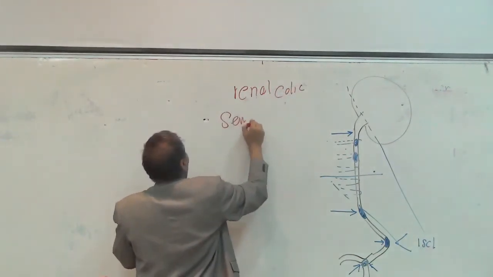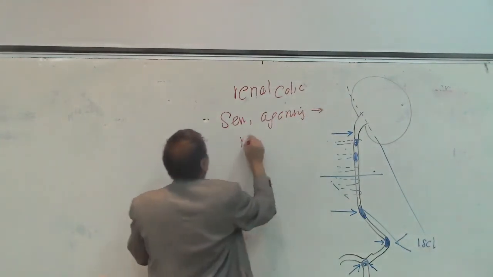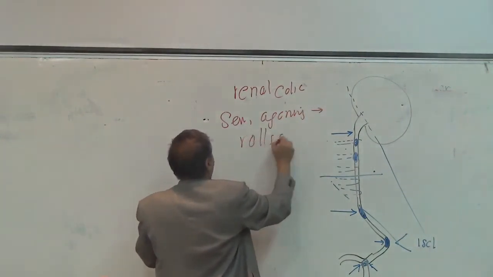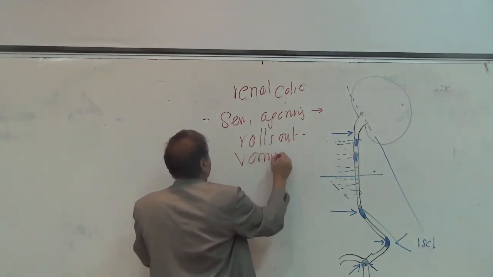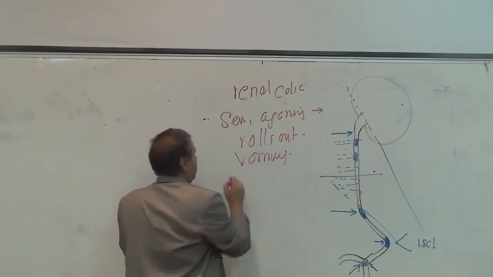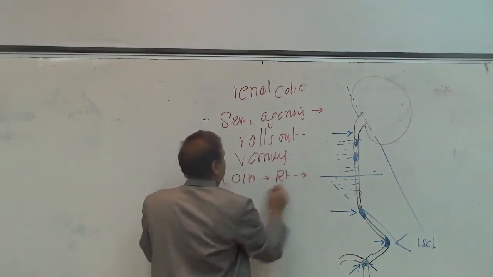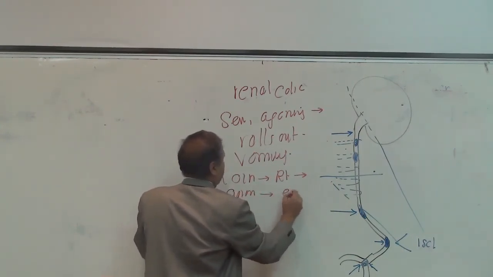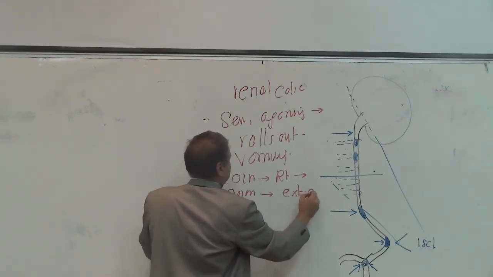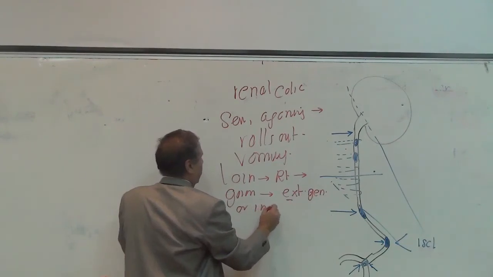severe or agonizing pain. The patient rolls around from this pain, with vomiting and nausea. This pain comes from the loin to the right hypochondrium, to the groin, and radiates to the external genitalia, or the inner aspect of the thigh.